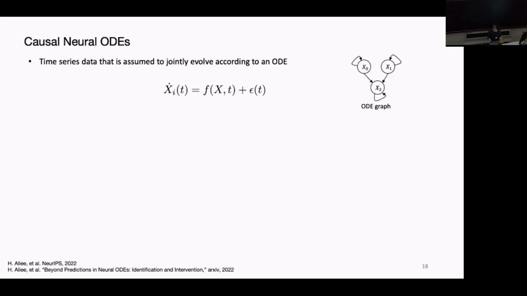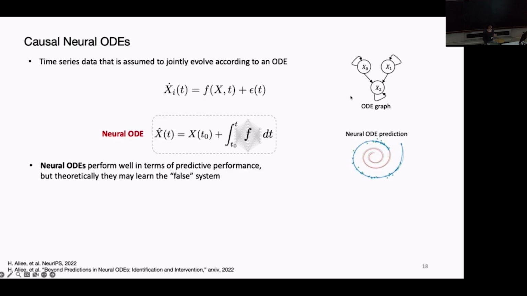And then there was also a paper from 2013 from Bernhard Schölkopf's lab that discusses the fact that the ODE graph that we can infer from this function f is actually the true causal graph.